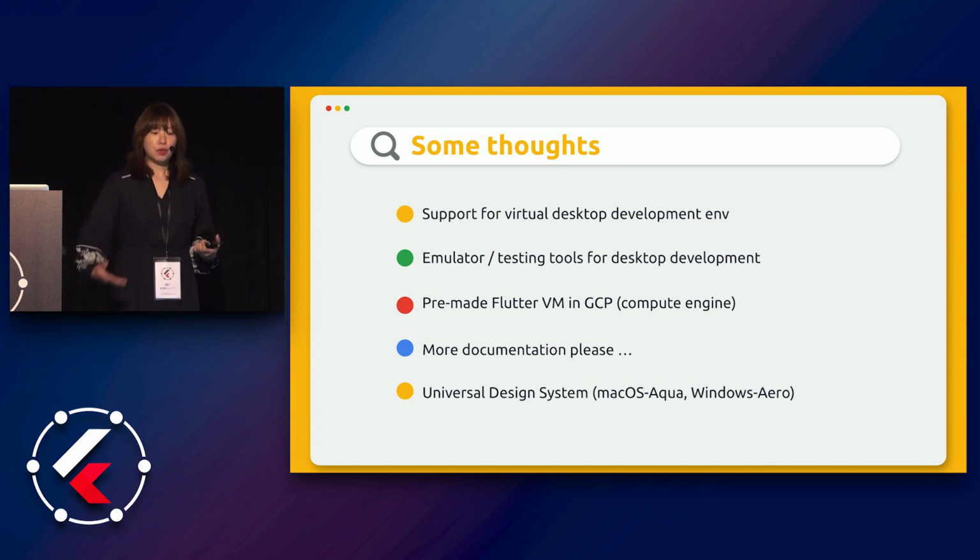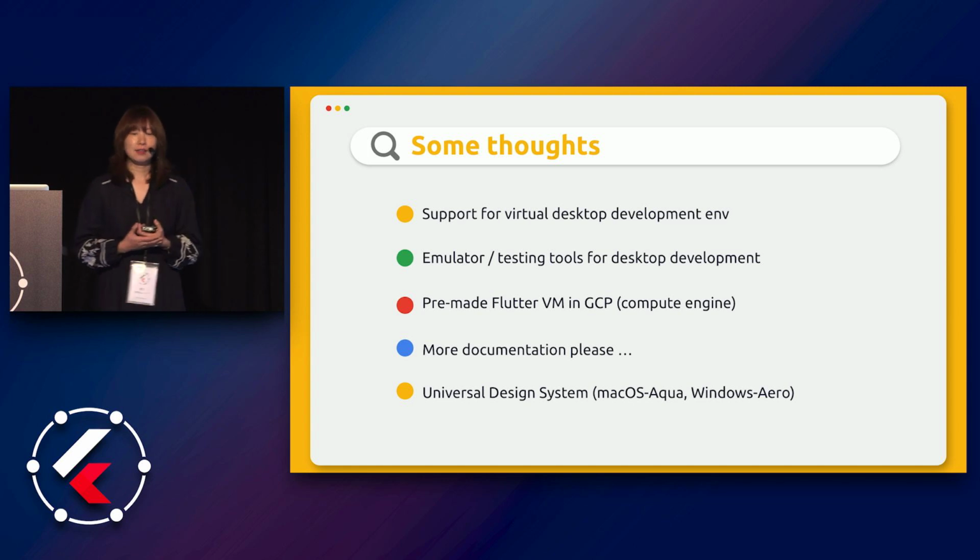So maybe in the future, hopefully, we should have some support for an emulator, at least for testing desktop in development. Or maybe if I go to Google Cloud, having some pre-made virtual machine I can just load, which comes with desktop installed, so I don't have to set it up myself every time and build it, and have to terminate the machine as well. I hope this can be supported for developers using Flutter from the Google Cloud family.